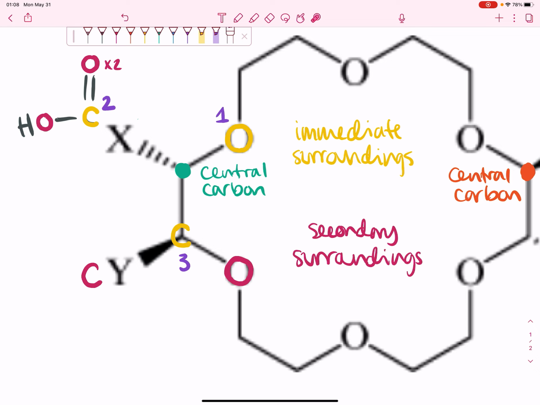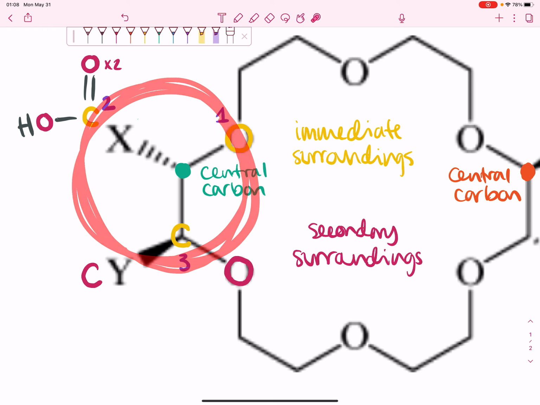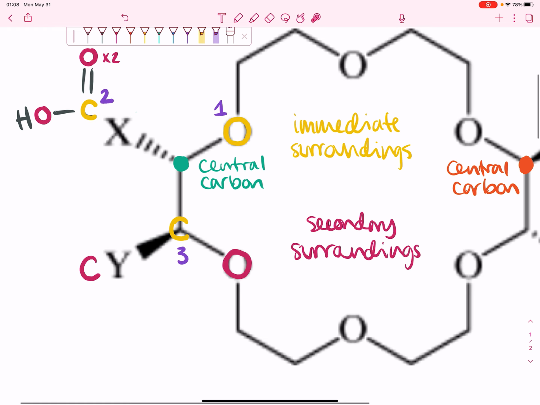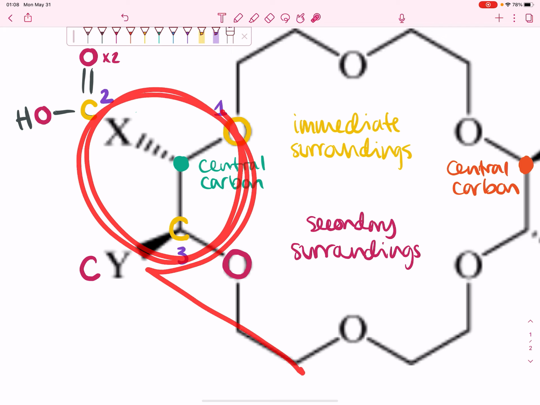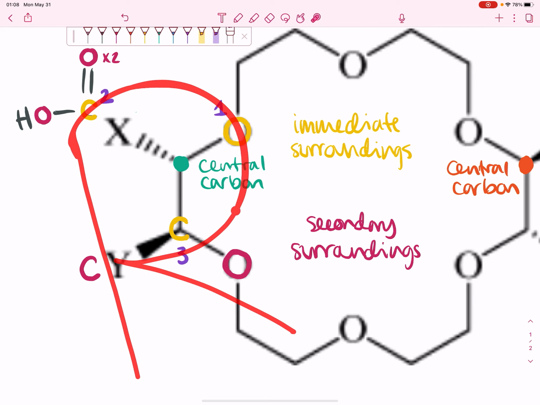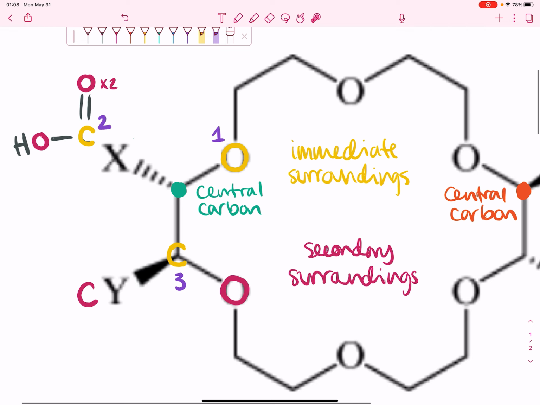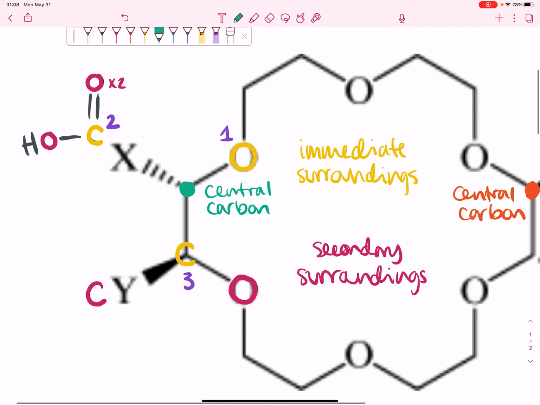So you would go 1, 2, 3, and now we're going in a clockwise motion. I remember this is R because you draw R like that. You just pretend there's a line there and you draw R, going in a clockwise motion. That's how I keep that sorted out in my head. So this green central carbon that's attached to the X substituent is in the R configuration.